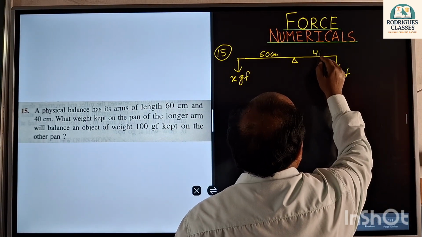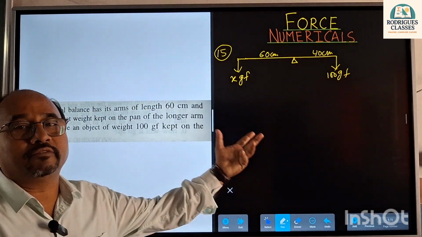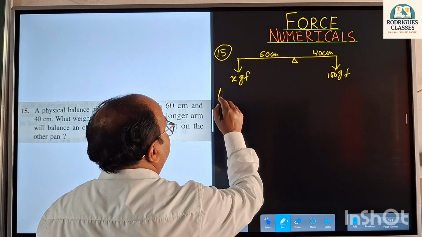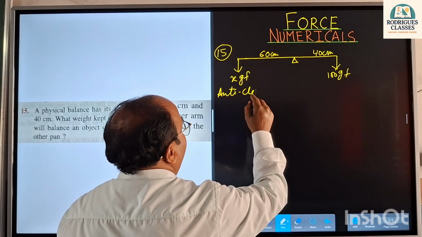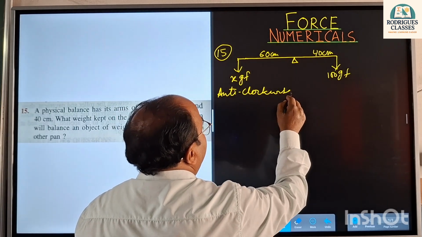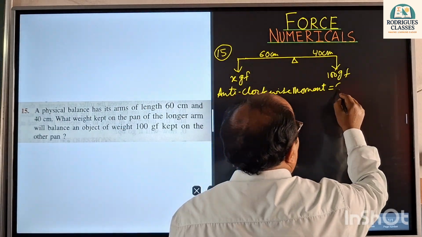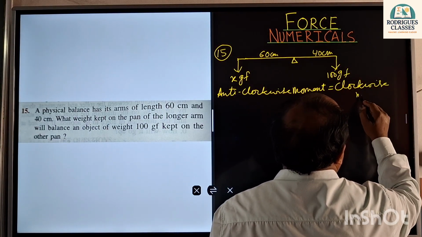So this is at a distance length of 40 centimeter. So again here we will have to apply the principle of moments. Okay. So if I write here anti-clockwise moment equals to clockwise moment.